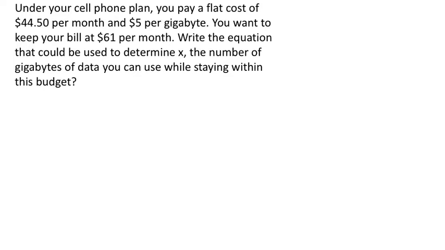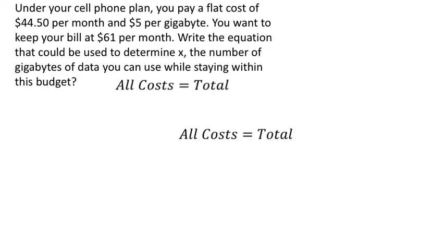Now we can go back, like I said, read and reread these. I'm going to go back and just see if I can find some information that will be useful for us. And I'll keep in mind that I'm looking to make the costs equal to the total. Okay, so what are some costs that we have? Well, reading through this, you have a flat cost right here. It's $44.50 per month.